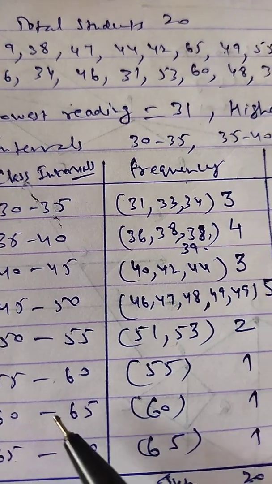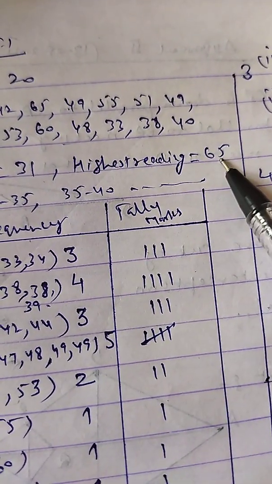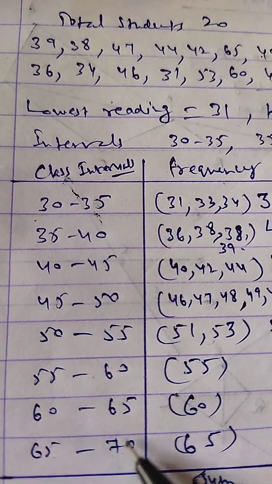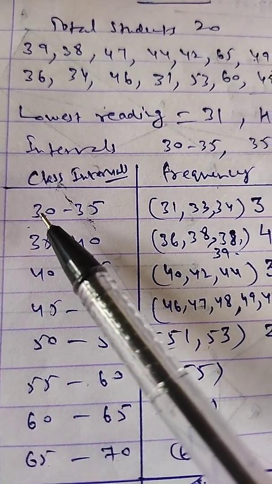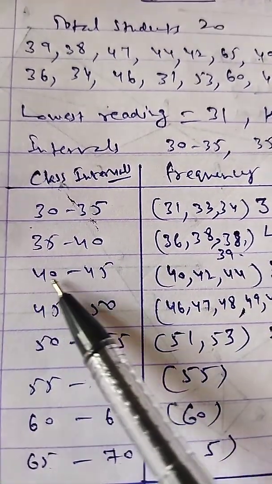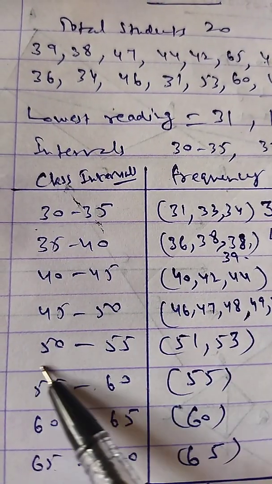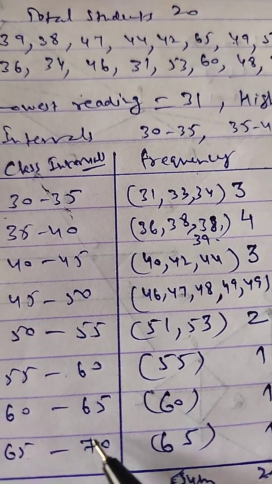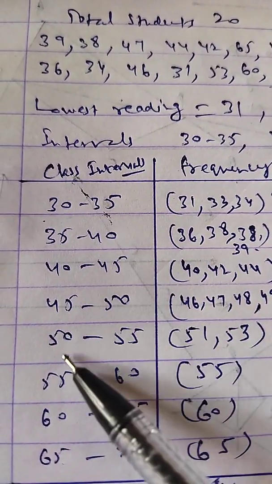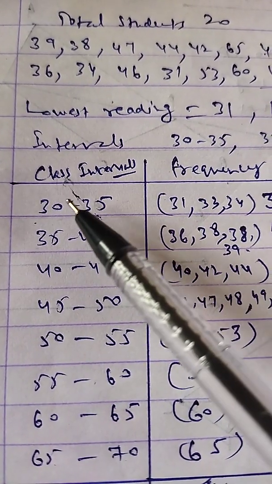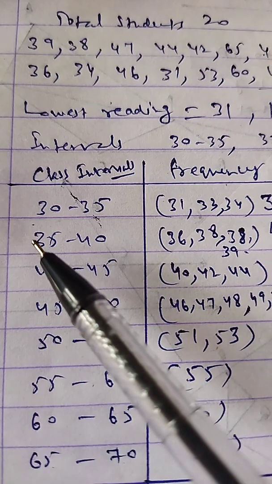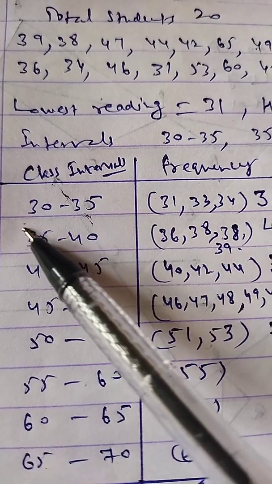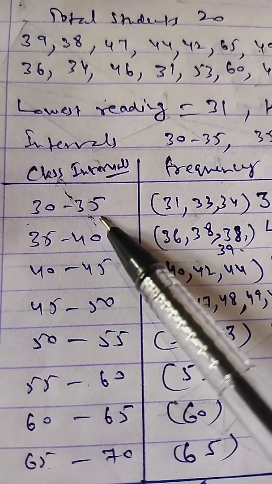As 65 is the highest reading in this data, my last class interval will be 65 to 70. Why is it so? Because all these class intervals, 30 to 35, 35 to 40, 40 to 45, 45 to 50, 50 to 55, 55 to 60, 60 to 65 and 65 to 70, are continuous, or this form of the data is called the exclusive form, in which for the first class interval, this is the lower limit, this is the upper limit.